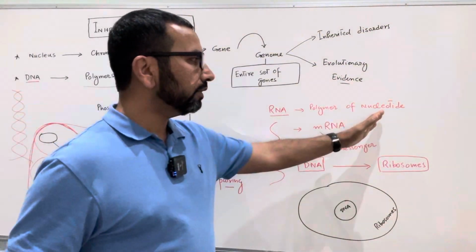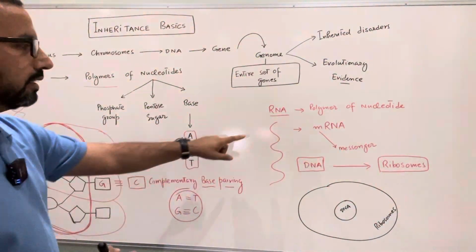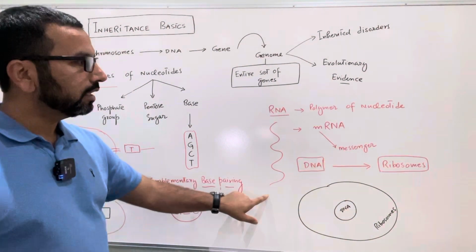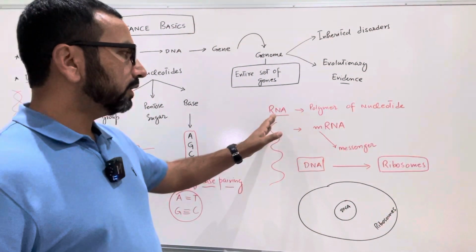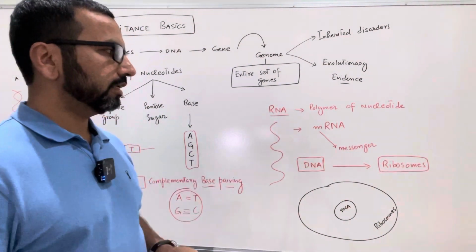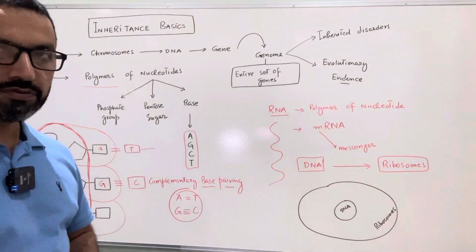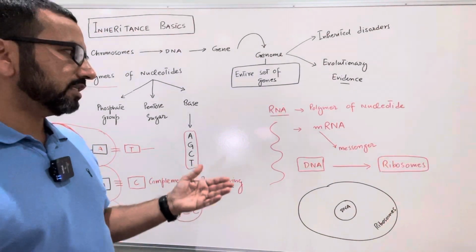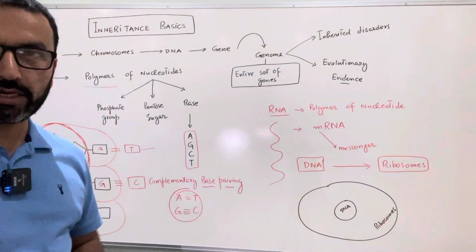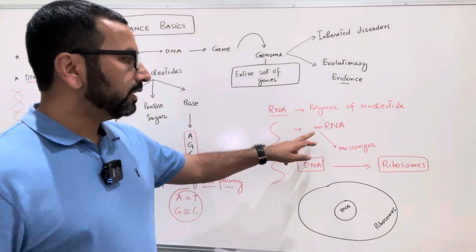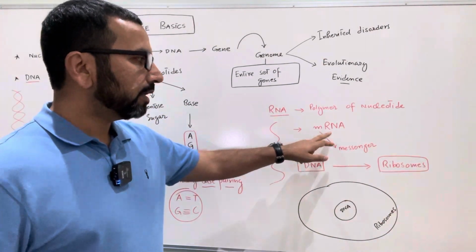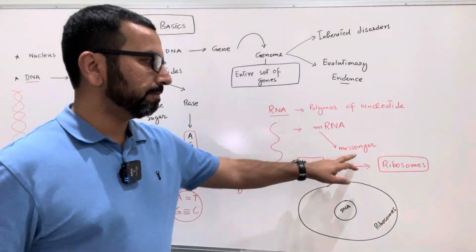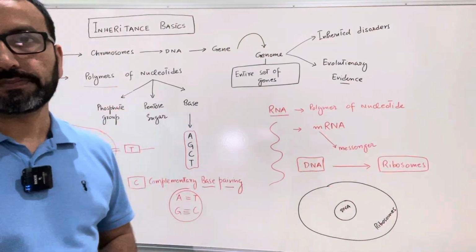The same nucleotides, when they make a single strand like this, are called RNAs. We have 2-3 different types of RNAs: transfer RNAs, messenger RNAs, ribosomal RNAs. But here we will study mRNAs, which stands for messenger RNAs.